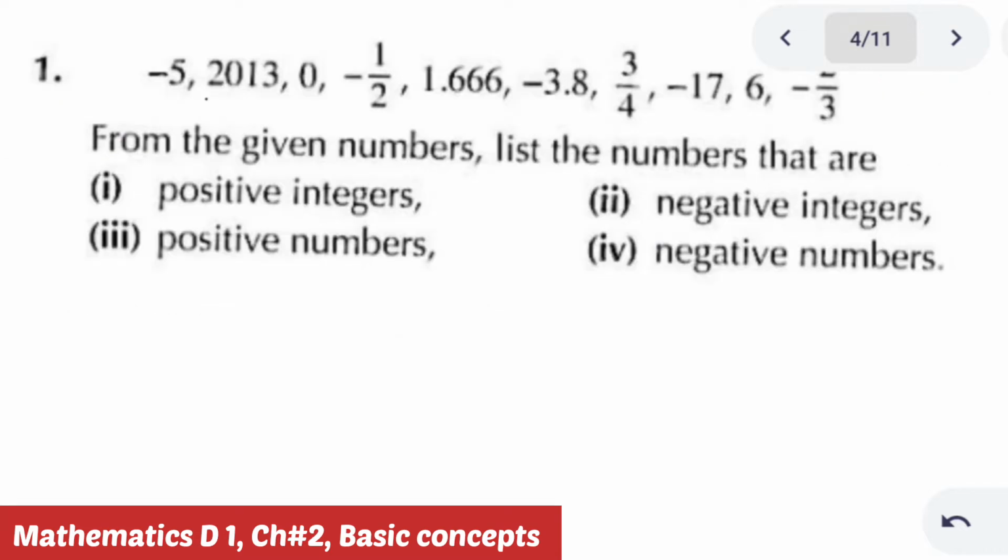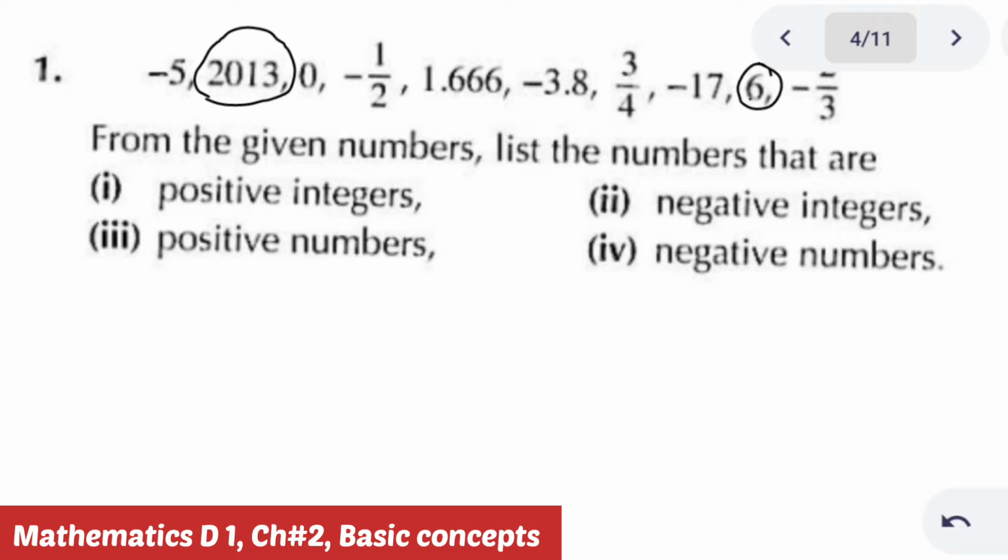Now in this question we are going to practice with some numbers. We are given different numbers and we have to separate positive integers, negative integers, positive numbers and negative numbers. If we start with the positive integers, 2013 is a positive integer. Similarly, 6 is a positive integer, because we know the definition of integers is those whole numbers which could be positive or negative.